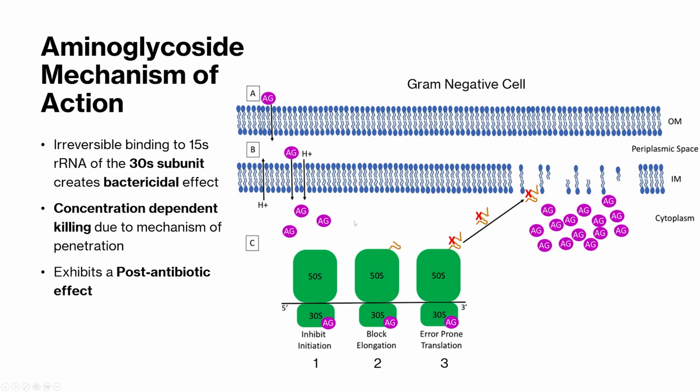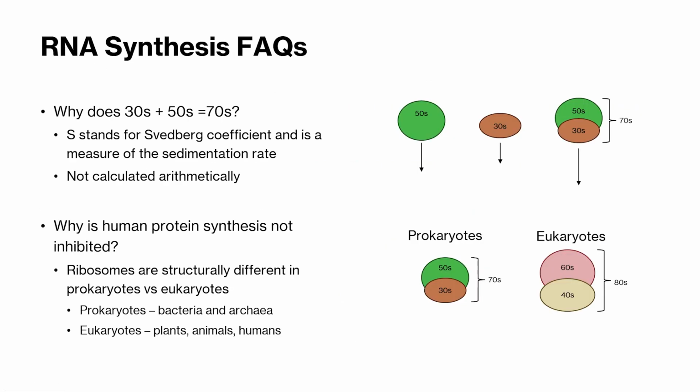So that's one reason why we monitor aminoglycoside concentration. And then it exhibits a post-antibiotic effect because once it's inside the cell, it's doing its job. So even if you stop giving aminoglycosides, if it has made its way into the cell, it's going to do its job until all the cells are dead or all the aminoglycosides are gone.